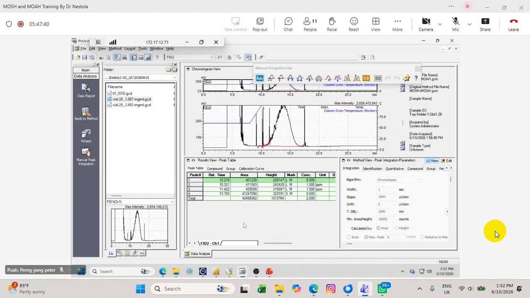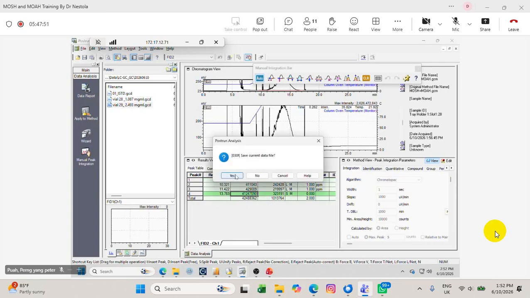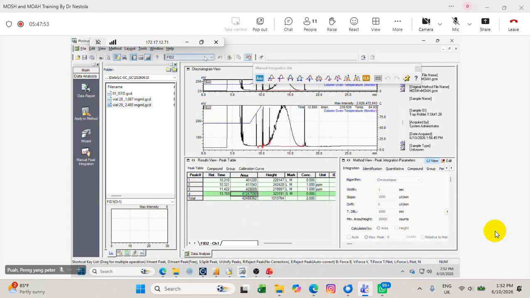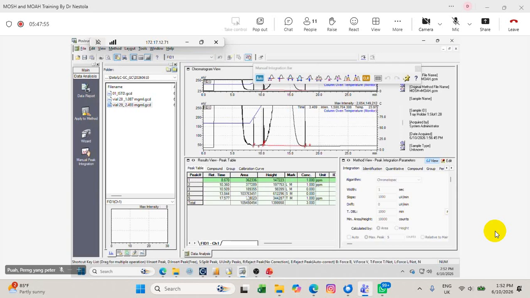So this one, the MOAH is 4124790. Okay, so this one is 1.0 plus the calculation. Can you open MOSH again? MOSH again. Yeah, MOSH again. This one. 376. Okay.